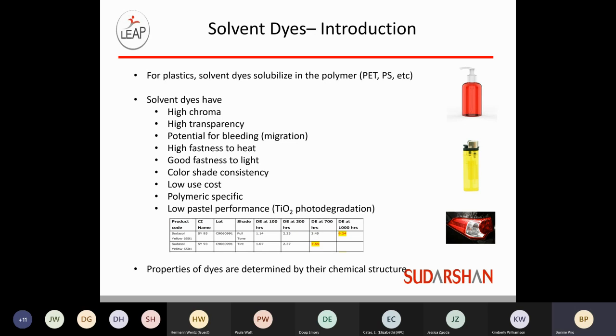At the full tone we see that the color falls off greater than 3 at 700 hours, whereas when the solvent dye is mixed with the TiO2, it falls off after 300 hours. Similarly to pigments, the properties of dyes are determined by their chemical structure. So that's nothing different there.